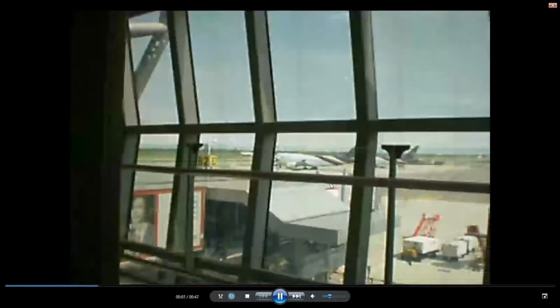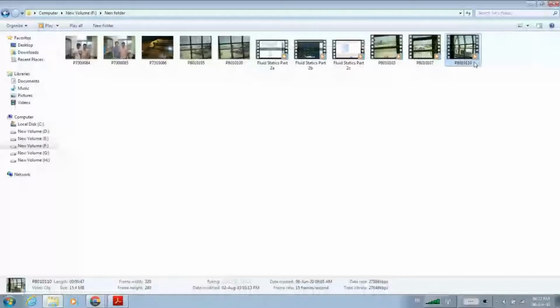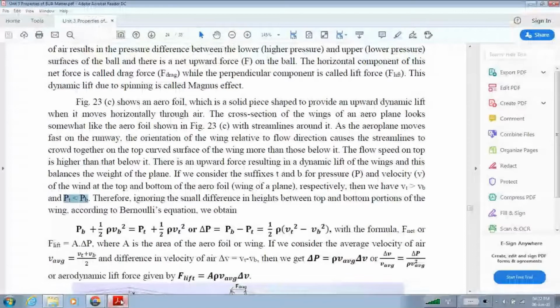So this is about how the aeroplanes take off. Is it clear to you now? So aerodynamic lift is nothing but due to pressure differences.